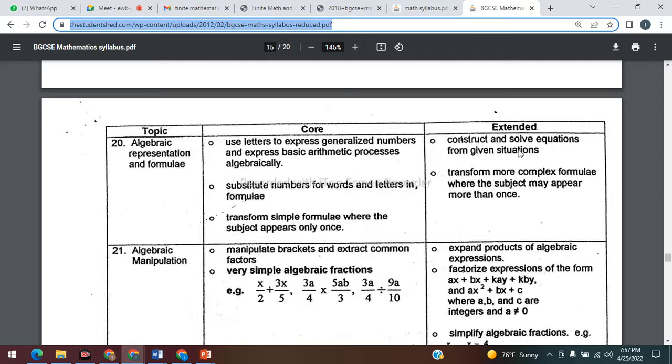Construct and solve equations from given situations. We've done that. Transform more complex formulae where the subject may appear more than once. Okay, this is basically where you have to make a particular variable the subject, and the variable appears on both sides.